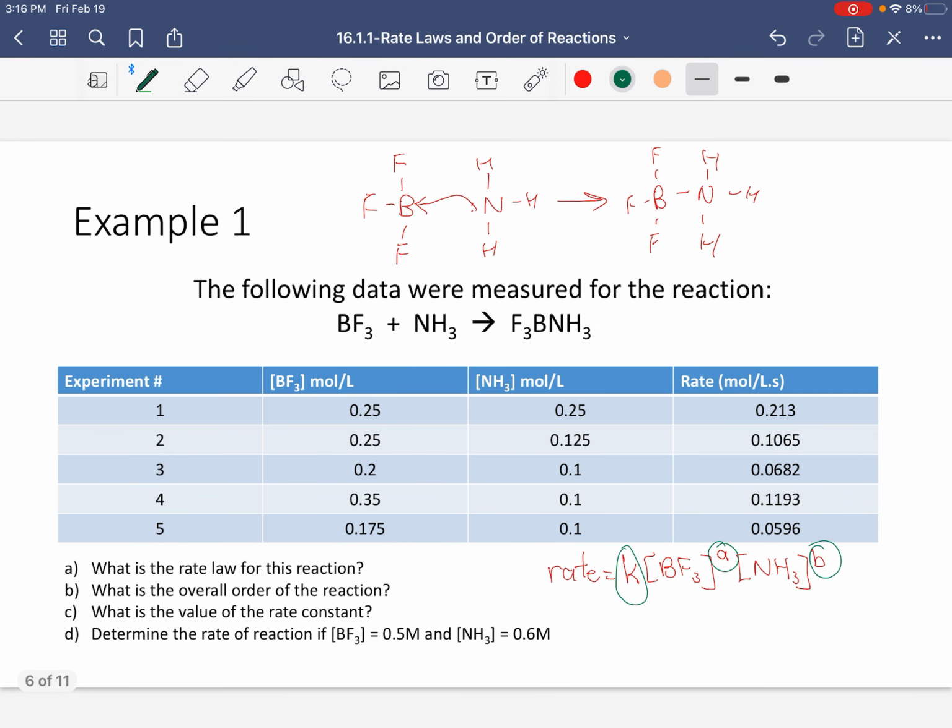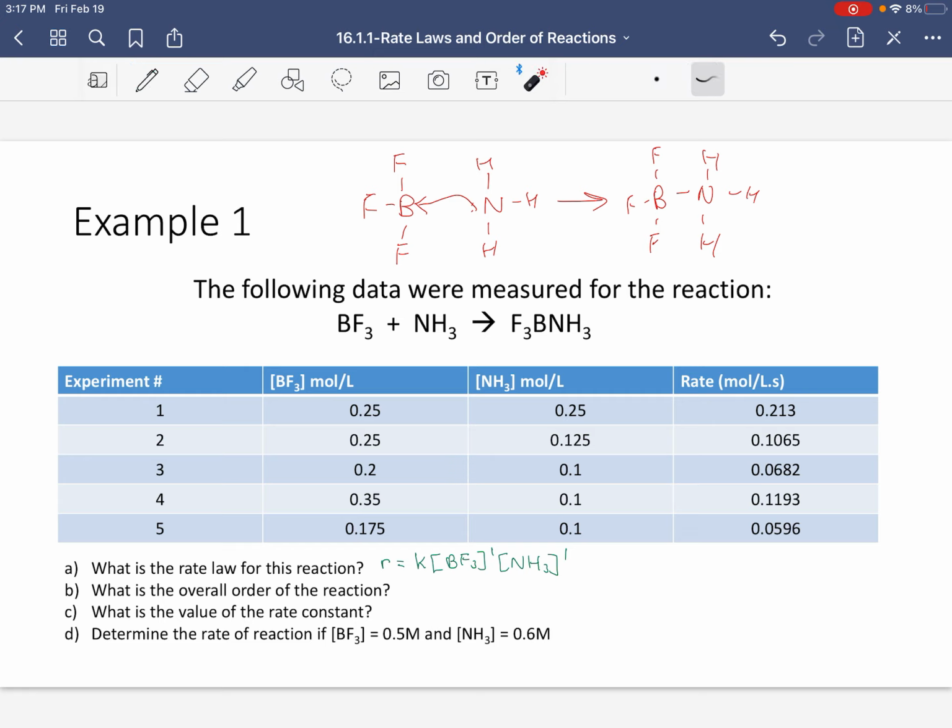So what does part B want? Let's write the answer down here. So rate is equal to K, BF3 to the power of 1 times NH3 to the power of 1. Now, since it's the power of 1, you don't really need to put that 1 there. By putting nothing there, it's 1 by default, right?